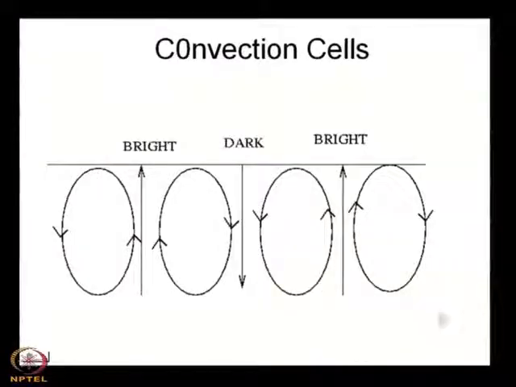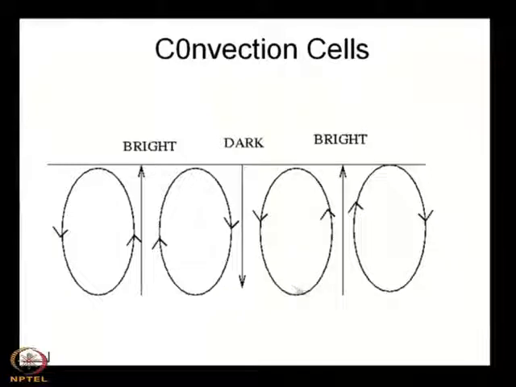So, when you have convection going on, you have structures that look like this. Here a hot bubble of gas is heated and rises up carrying the energy, and when it reaches the surface it quickly radiates the energy, cools, and comes down again, gets heated again and rises up again.